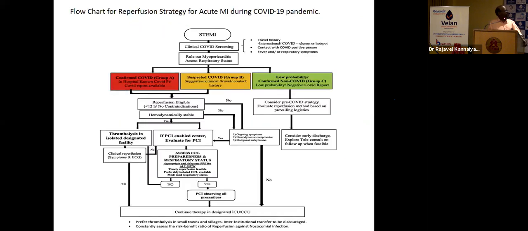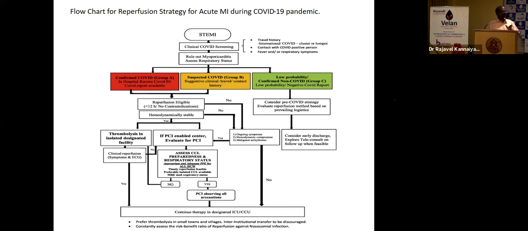This is a flow chart provided by the Cardiological Society of India, and they have categorized patients with ST elevation MI as definite COVID, probable, and doubtful cases. If it is definite COVID and the patient is hemodynamically stable, we can plan for pharmacoinvasive therapy.